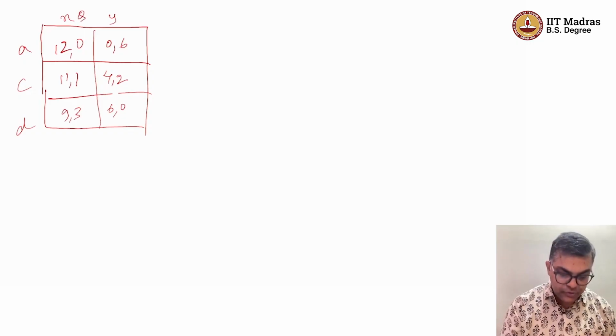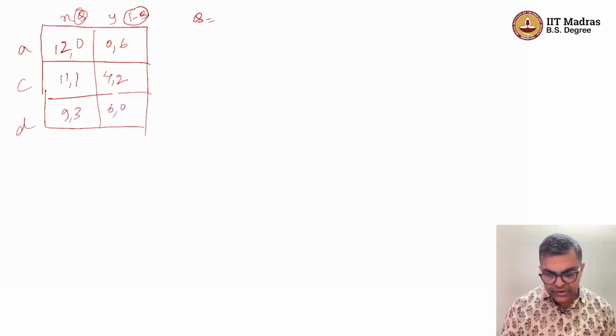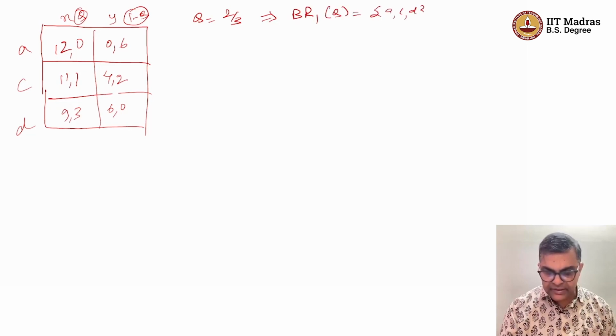So here is of course Q and here is 1 minus Q. And we have already seen that if Q is equal to 2 by 3, the best response from player 1 is all of A, C, D. So what does it mean?